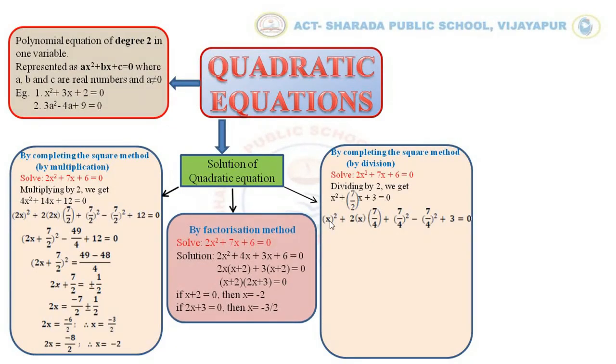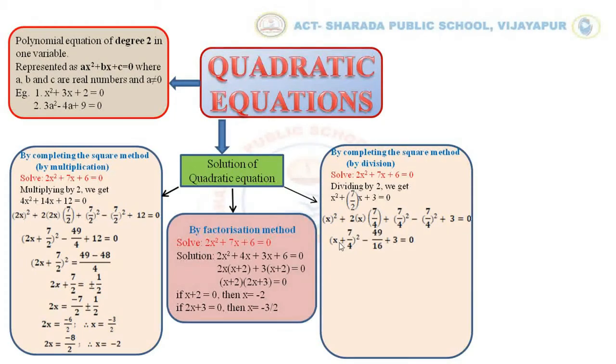Now it is written as x square plus 2 into x into 7 by 4 plus 7 by 4 whole square minus 7 by 4 whole square plus 3 is equal to 0. This is to convert into the a plus b whole square formula.